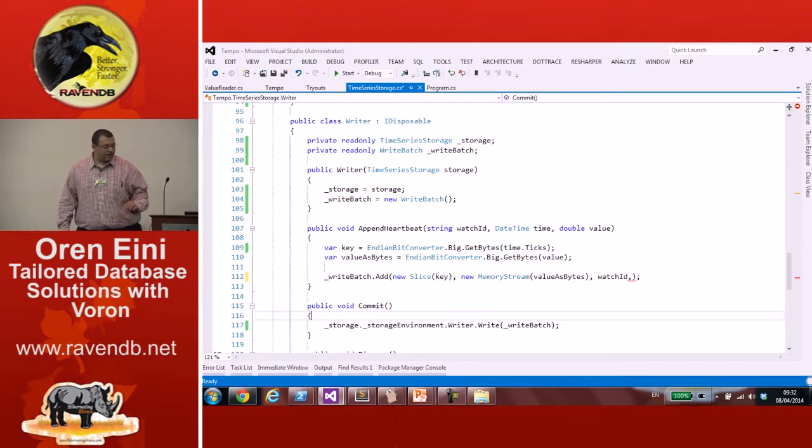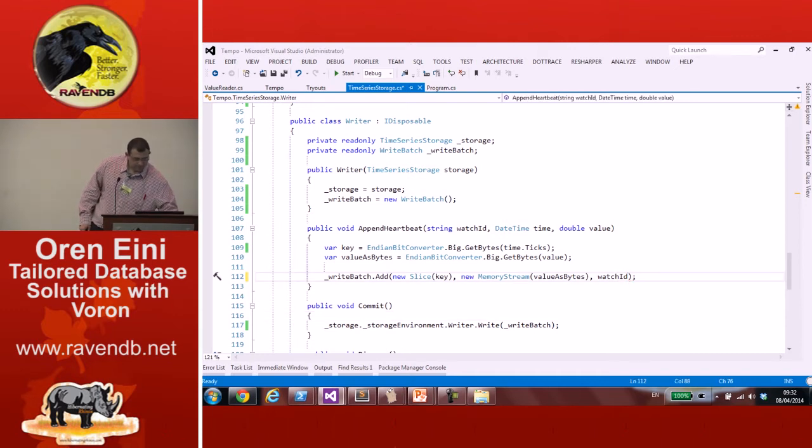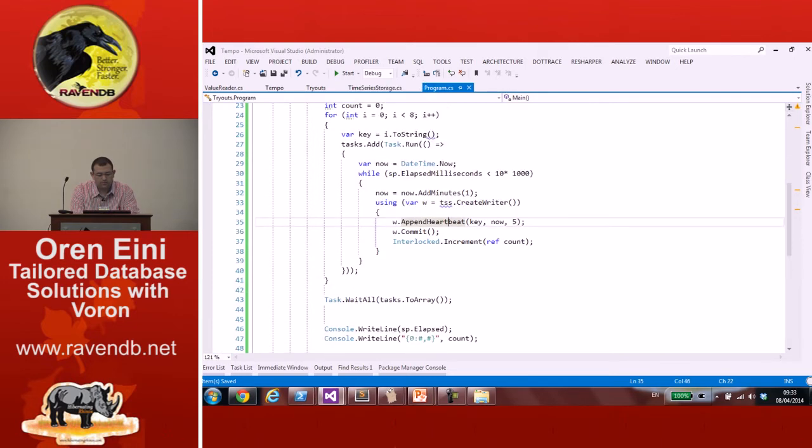Now, this is concurrency. This is us getting a very high rate of concurrency for writes. What I'm going to do now is basically let it run for a while.